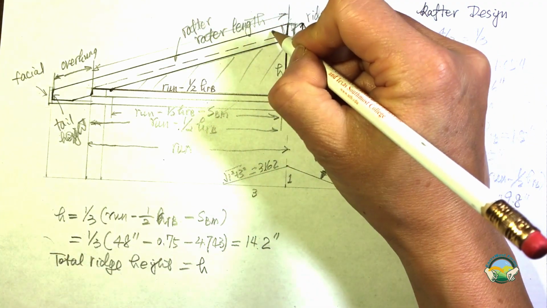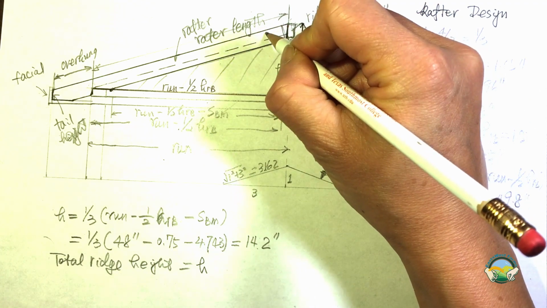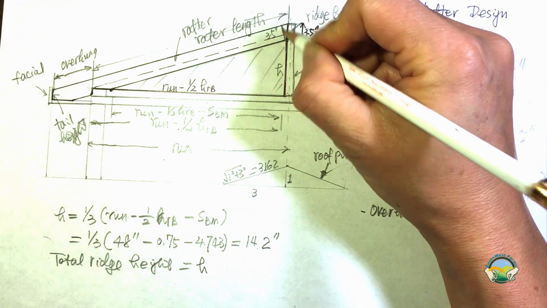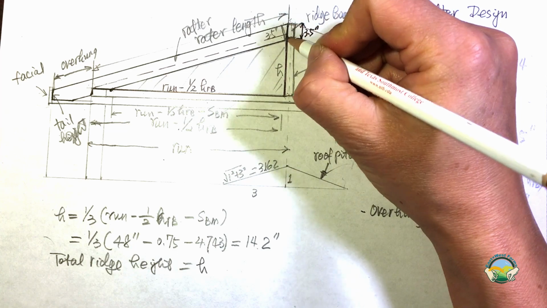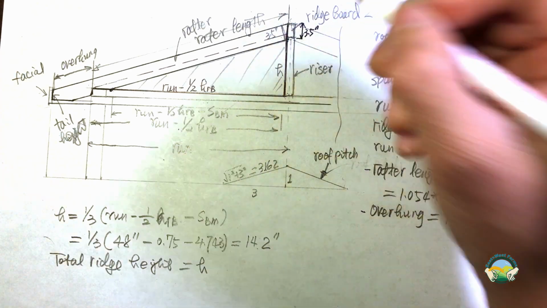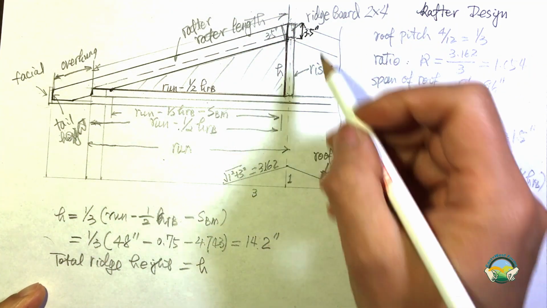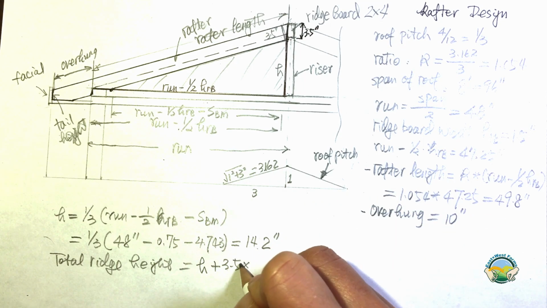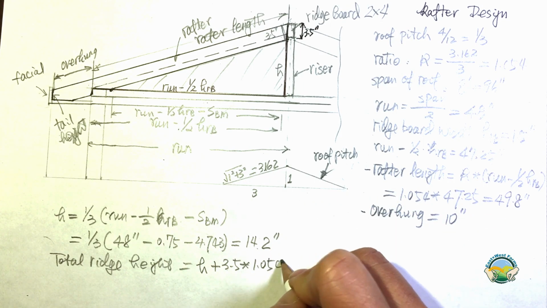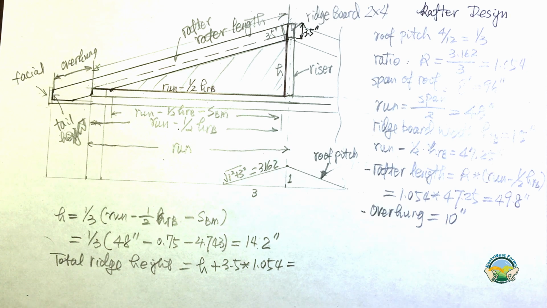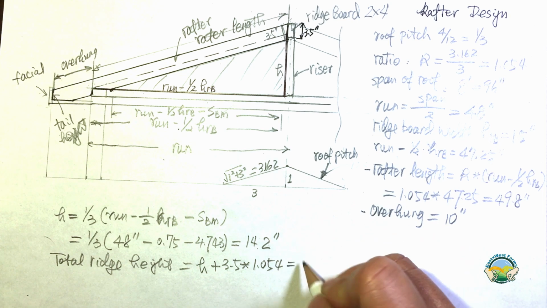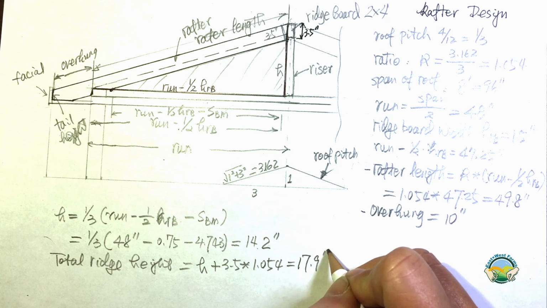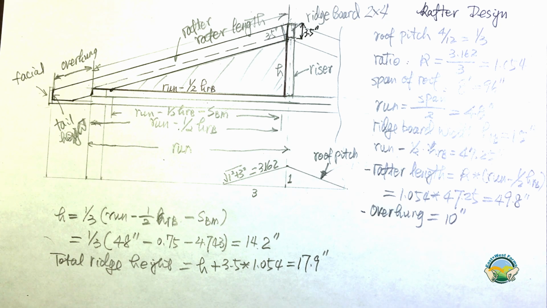The rafter board is 3.5 inches in height, so that will be 3.5 times 1.054. So that will be H plus 3.5 times 1.054. And so that gave me 17.9 inches.